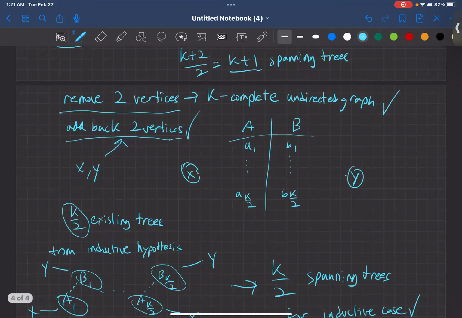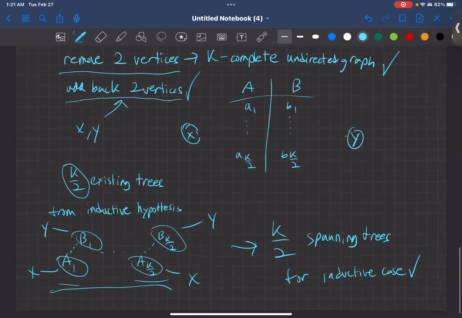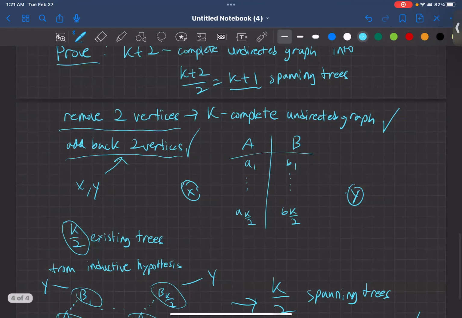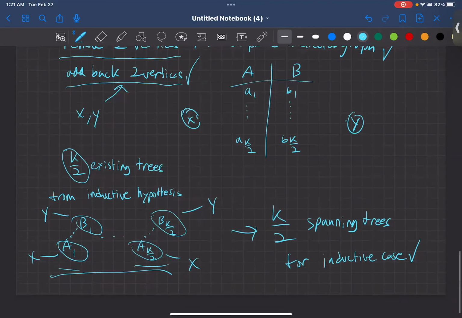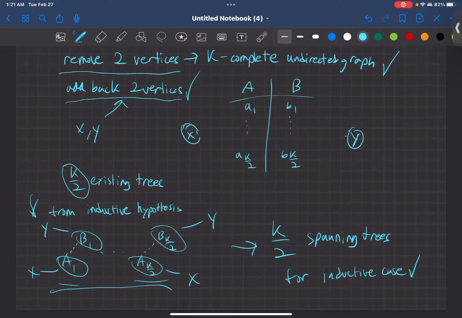So how exactly could we get this one extra missing spanning tree? The way to do this is by noticing that in this example, we've connected X to every single A component, and we've connected Y to every single B component. So how about we flip what we did, and connect Y to all the components in the A group and connect X to all the components in the B group.